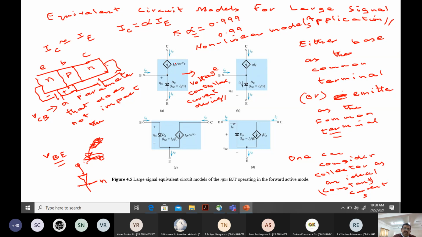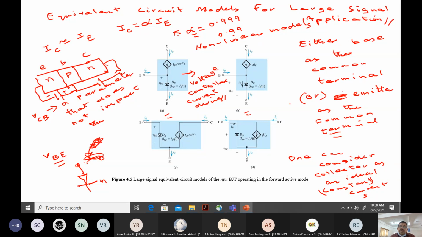Therefore, this is a voltage controlled current device. You can convert it into a current controlled current device by suitably approximating. In this diagram, let me call this A and this B. A and B will correspond to common base. We talk in terms of common base.